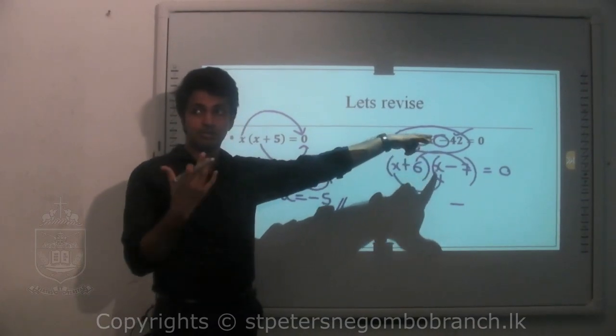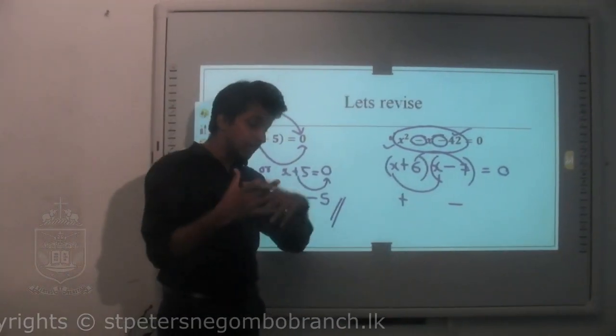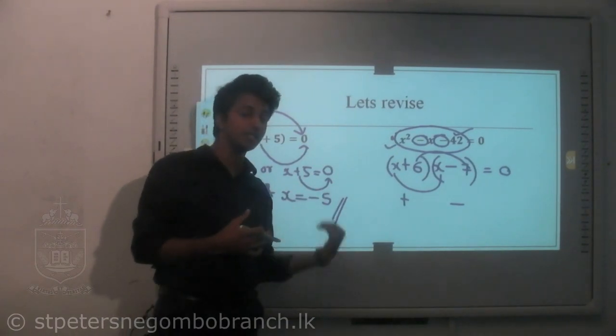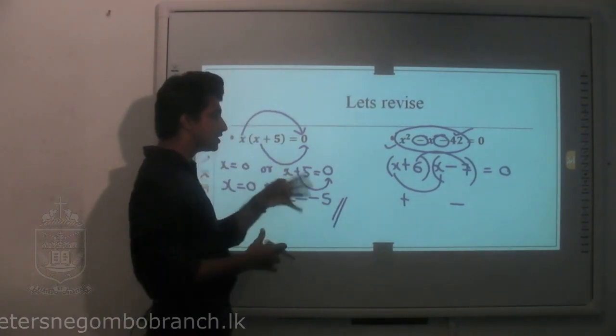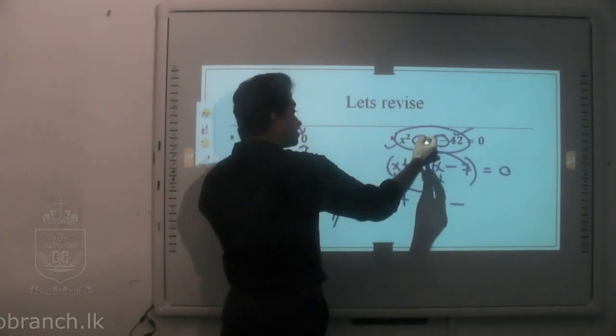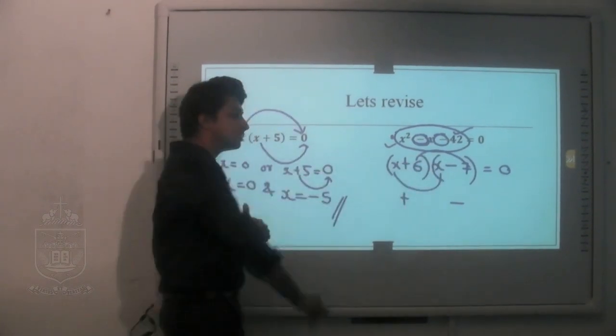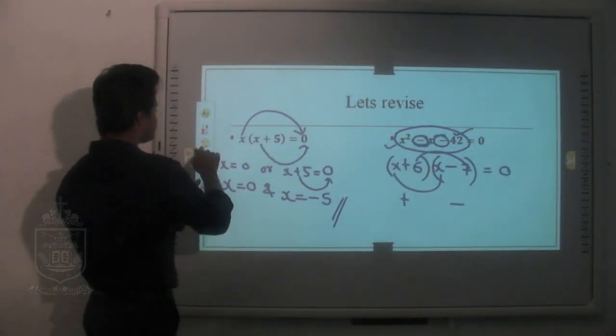Therefore you have to use plus for one bracket and minus for the other. So that's what I have done here. I have to select the sign here and give it to the larger value, and the opposite sign should be given to the smaller value.